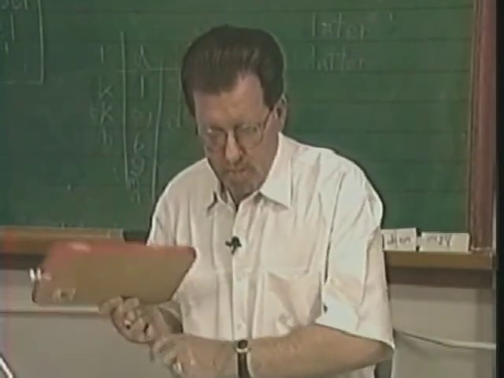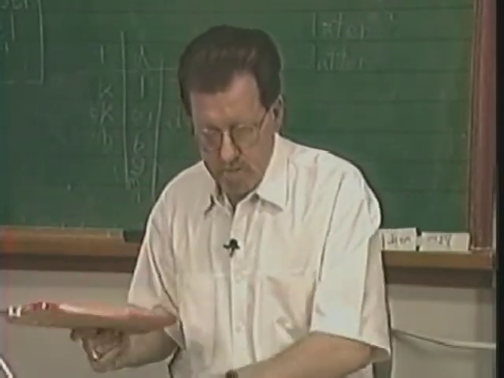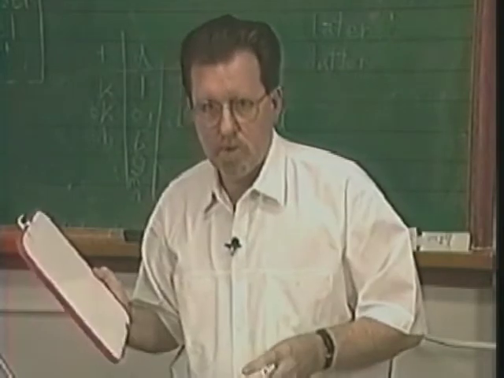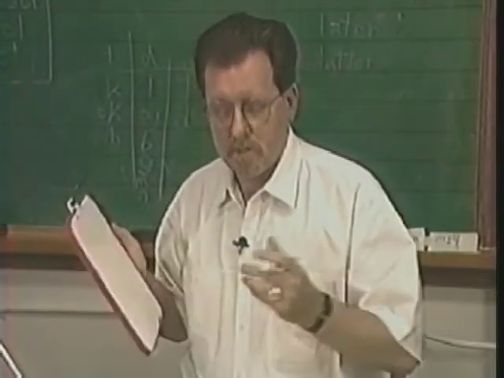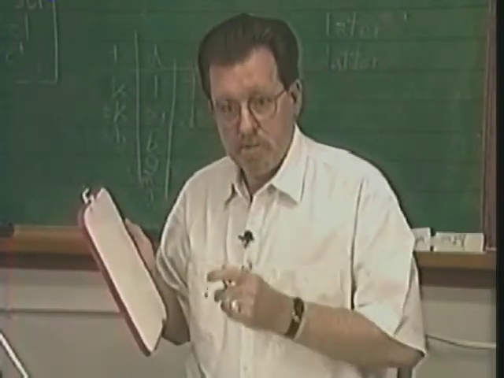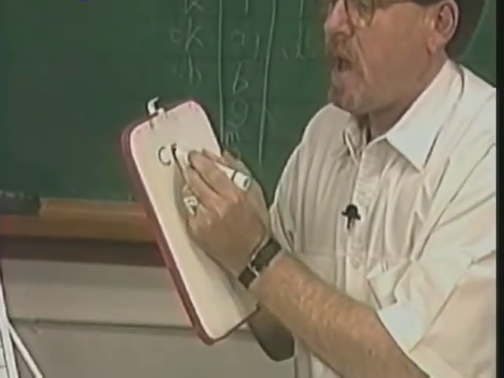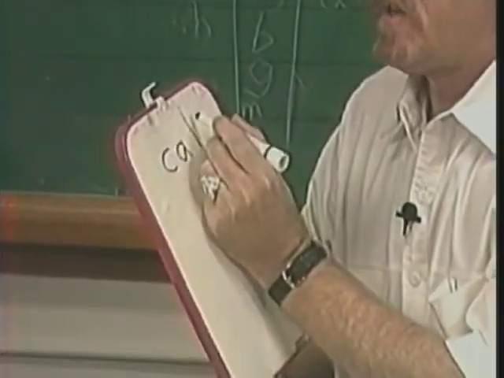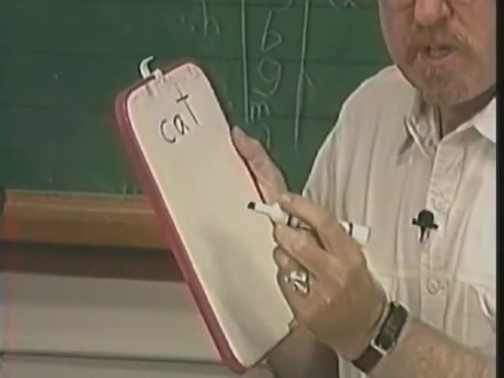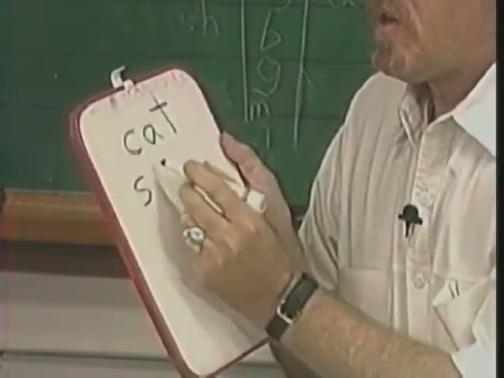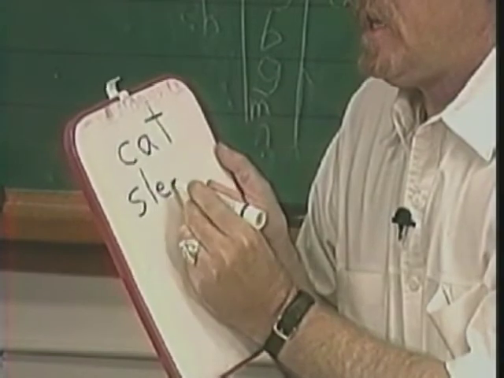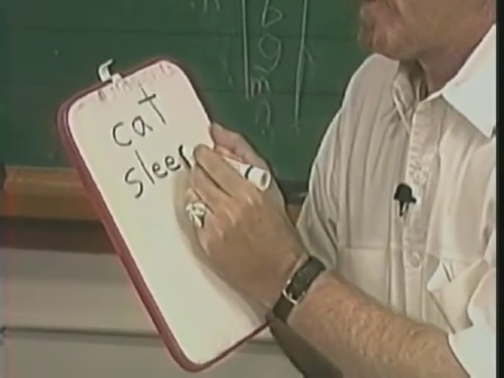So what we do here is the student will write a word and say the sounds that the letter spells as he writes the word. So the word cat would be k, a, t. The word sleep would be s, l, e, p.